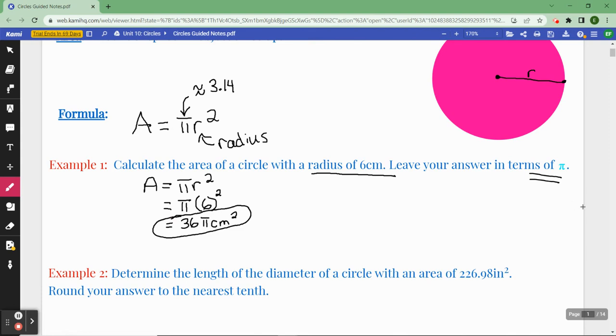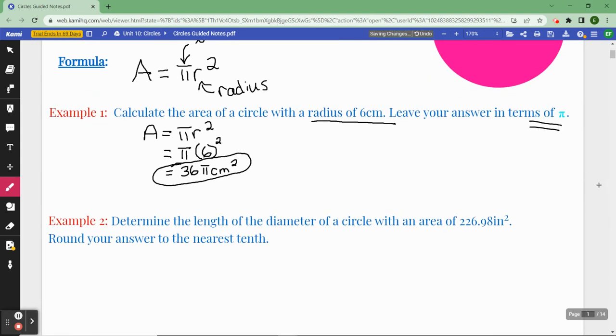If we look down to our next example, example 2 now asks you to determine the length of the diameter, so be careful reading the directions. Length of the diameter of a circle given a specific area. And that specific area doesn't have a pi in there at all, so that means at some point somebody had used 3.14 as a decimal approximate. So let's again write out our formula, and we're going to plug in the information that we know.